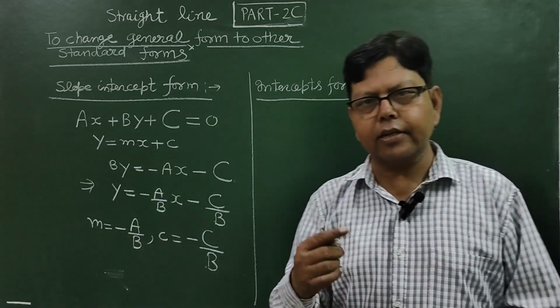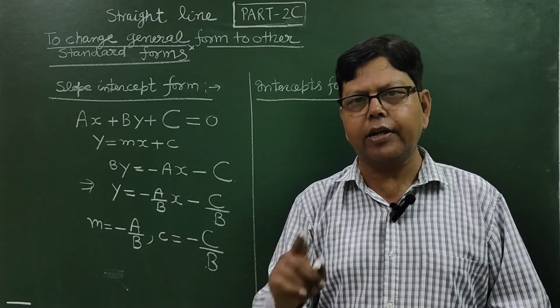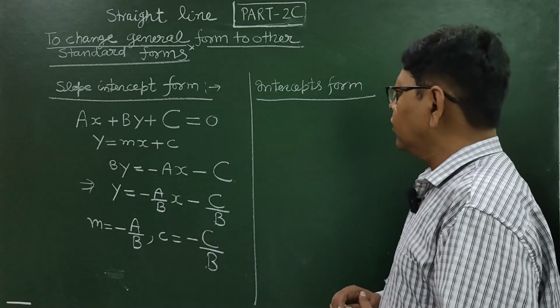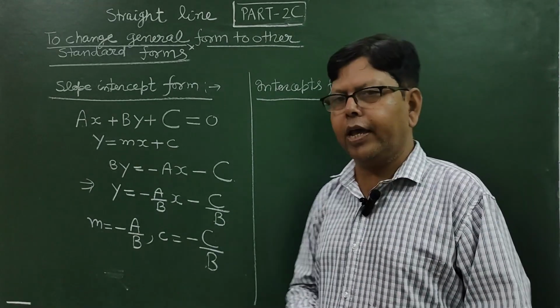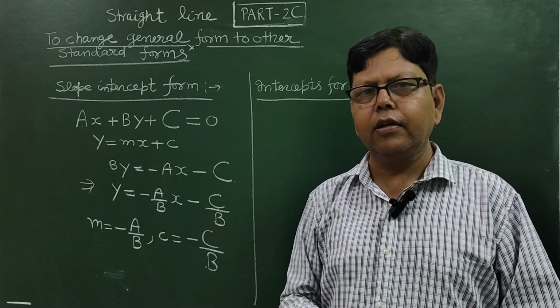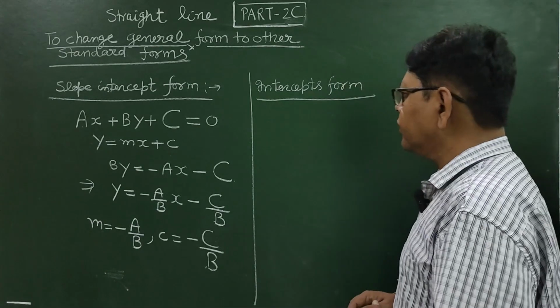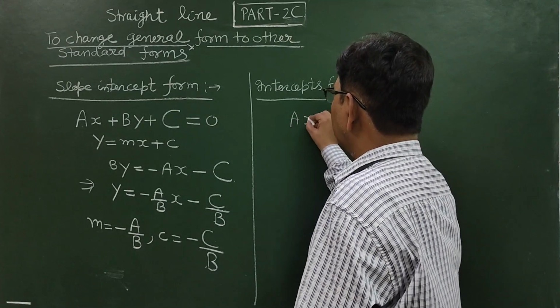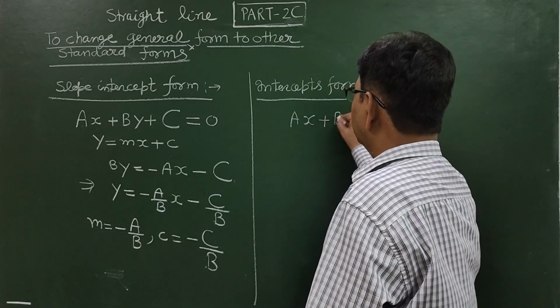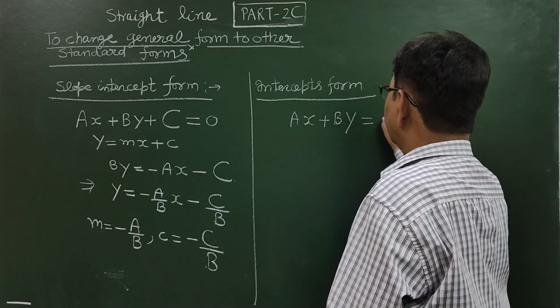Here a is the x-intercept and b is the y-intercept. So to bring that form, we need the coefficient of x as well as y equal to 1. For that, first transpose the constant term of the general equation to the right hand side.